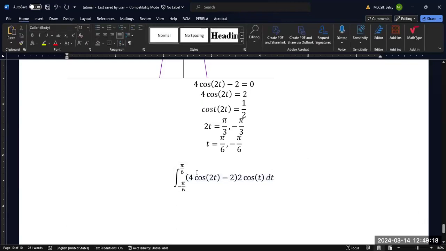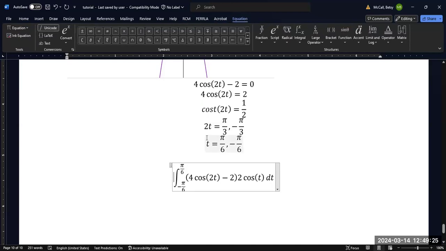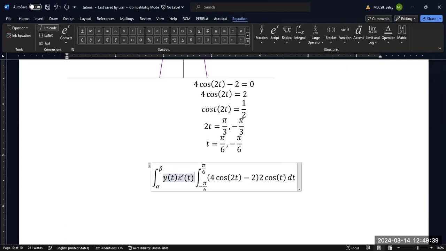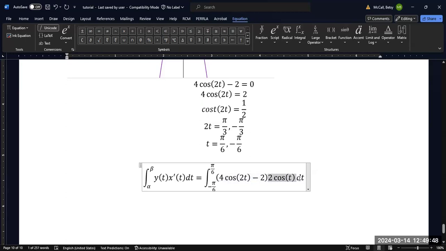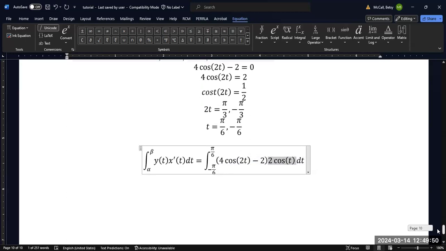So again, our general formula is going to be the integral from alpha to beta of y of t times x prime of t dt. So this is our y, this is our x prime, and then our dt.